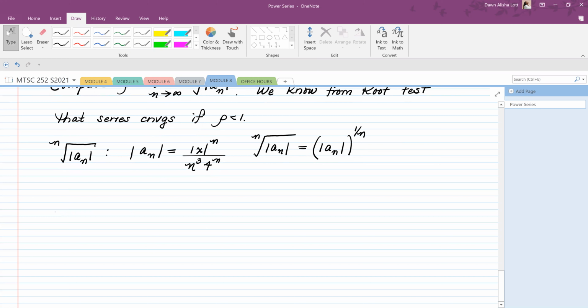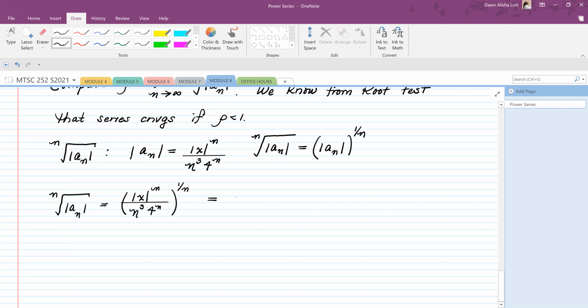So the nth root of the absolute value of a_n is simply the absolute value of x to the n divided by n cubed 4 to the n, all to the 1 over n power.